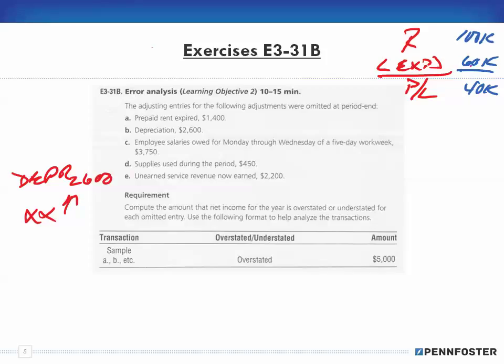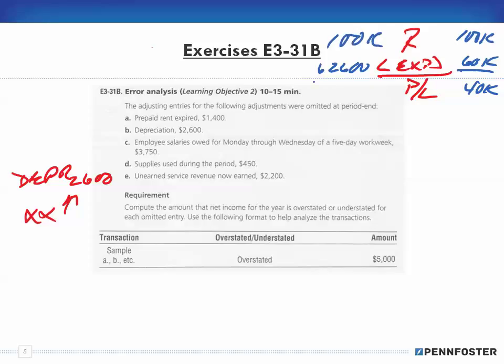Well, since I didn't make it, I have 60,000, but if I had made the entry, I'd actually have 62,600, the 60,000 plus the increase of 2,600.